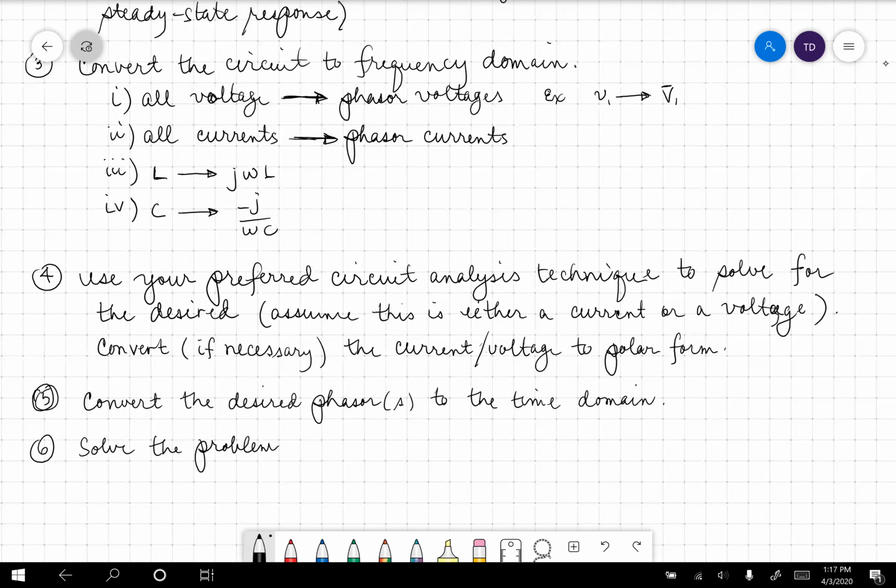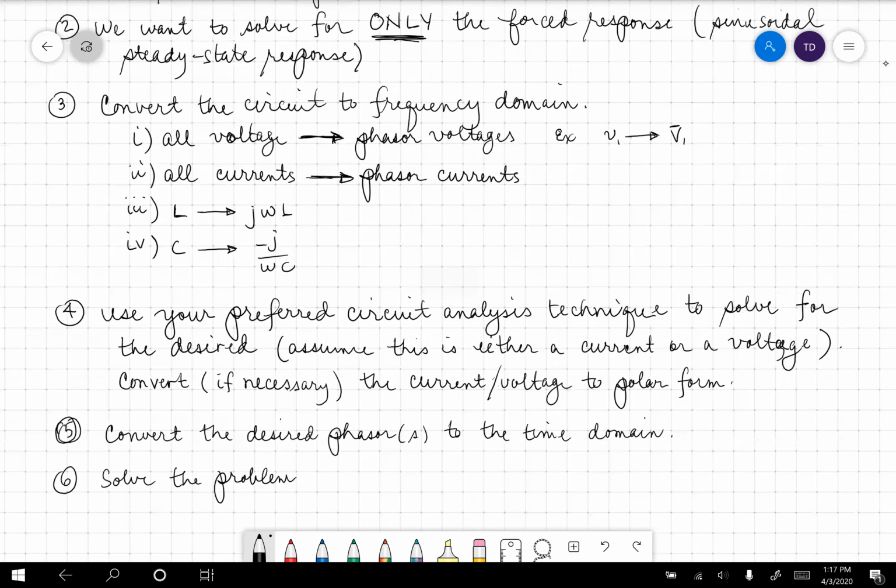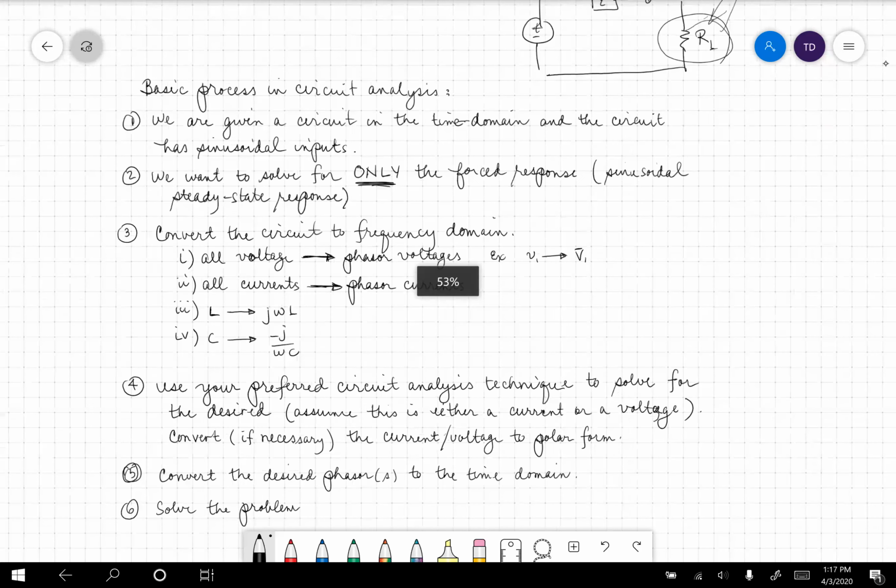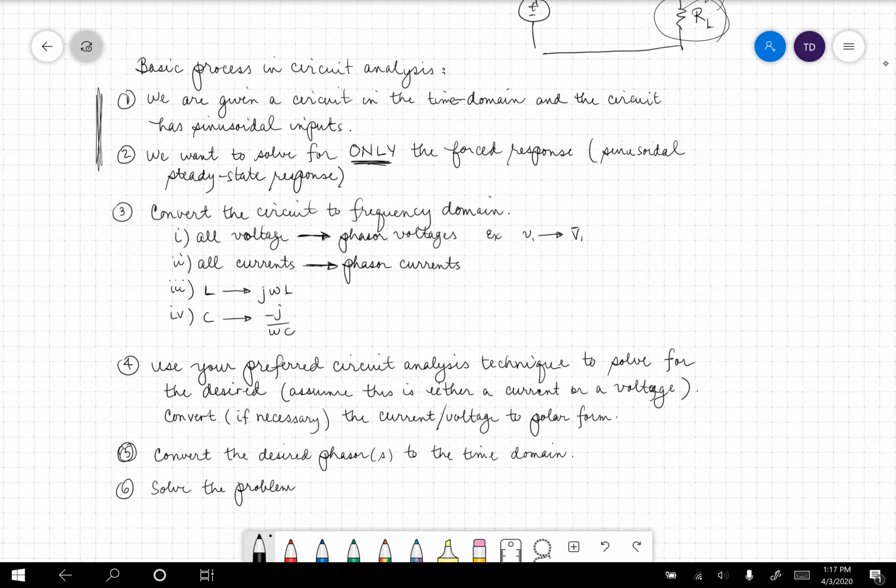So here's what goes on. Squeeze this down a bit. So we start and we figure out, hey, I have a sinusoidal circuit, sinusoidal inputs only, so I can use this phasor method because they only want the forced response. So I convert the circuit. Here, I'm going from time domain to frequency domain.